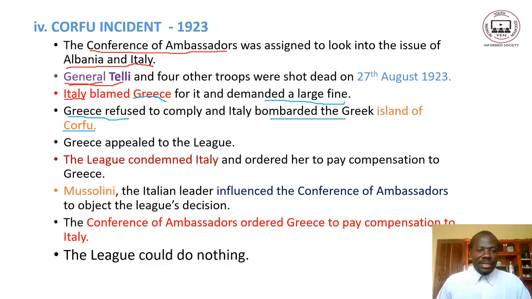So immediately Greece appealed to the League of Nations. So what happened? The League condemned Italy and ordered her to pay some compensation to Greece for bombing Corfu. Now, see the drama here. The Italian leader, Mussolini, influenced the same Conference of Ambassadors to object to the League's decision.